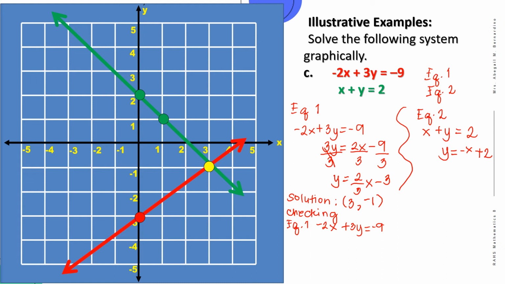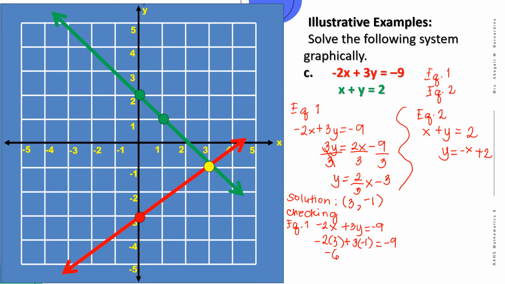We're going to substitute the value of x, which is positive 3, and we're going to substitute the value of y, which is negative 1. Then, equals negative 9. Negative 2 times 3, the answer is negative 6.